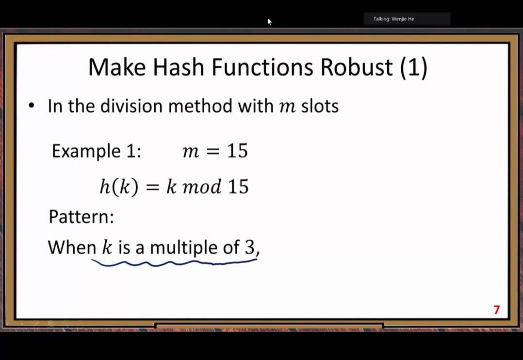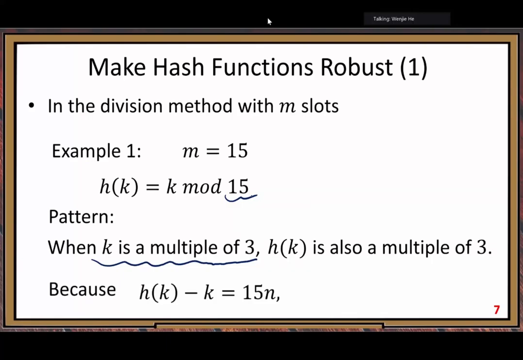If our data happen to be multiples of 3, so many data items are multiples of 3, then h of k is also a multiple of 3. Because you do division by 15, and this divisor is a multiple of 3, your remainder is also a multiple of 3. Think about it: k is the original key.